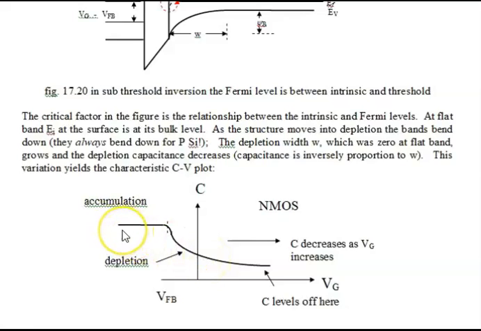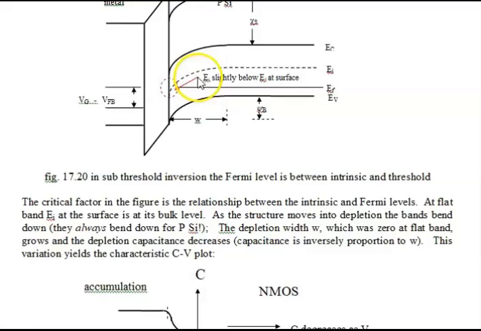Now, in accumulation, there was no depletion capacitance. There was just one capacitor, and it's epsilon A divided by the oxide thickness, T ox. But as soon as we pass the flat band voltage, we start adding in this capacitance here.